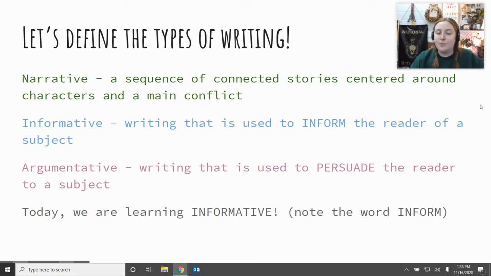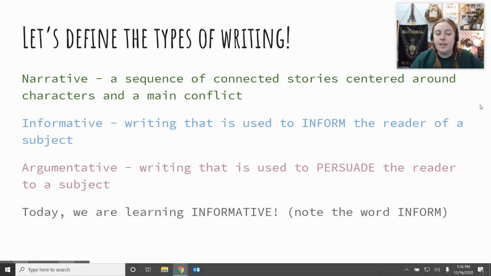And then we have informative and argumentative. These types of papers are typically big favorites of students that have a very analytical mind and more of a science and math bent. They like the structure because they are so heavily structured and there's a very clear pattern to what goes next. And we've been building up to it when we've been doing our ICT lessons. The difference between the two, you can see here.